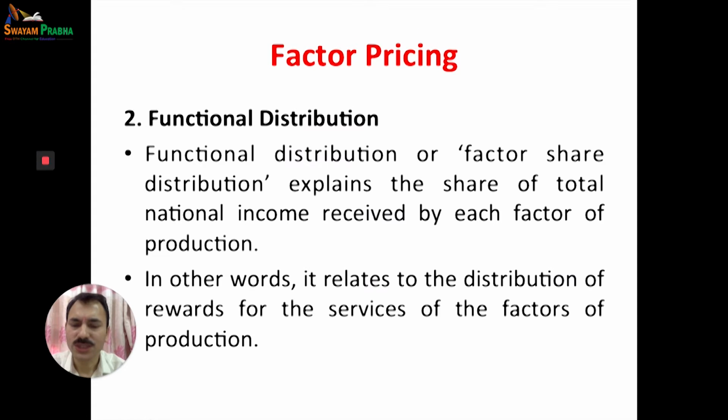The reward which we pay for the services like the use of land, labor, capital, entrepreneurs. Basically, the reward which is distributed among these four factors of production is called functional distribution.